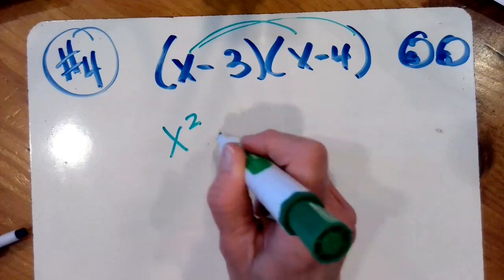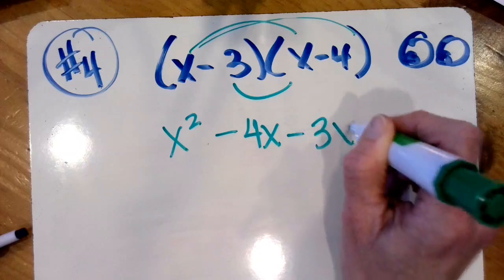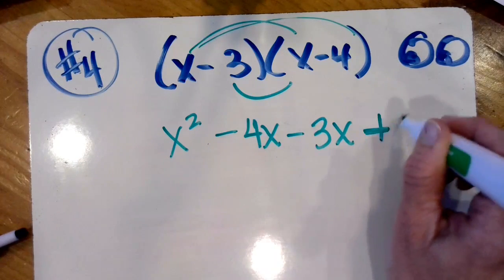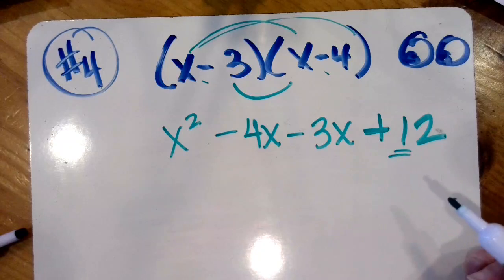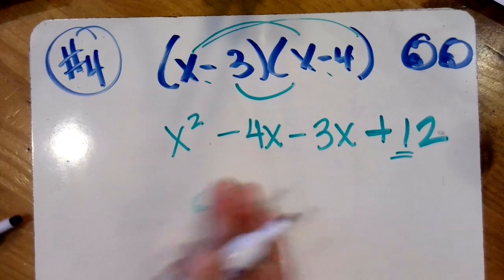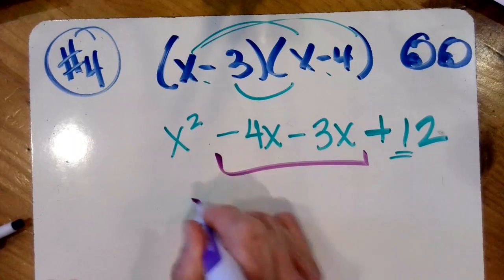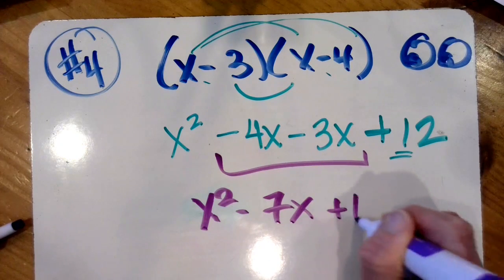My outside terms is minus 4x. My inside terms, and a negative times a negative is going to give me that positive value. So then finally, when I go to combine like terms, I have x squared minus 7x plus 12.